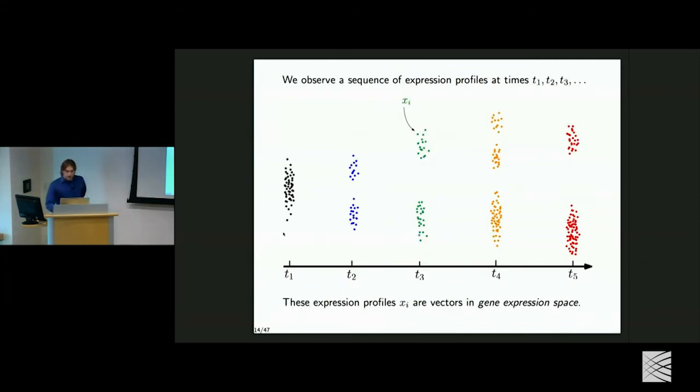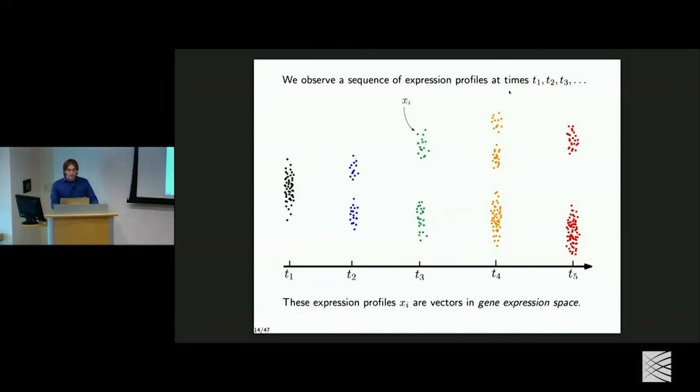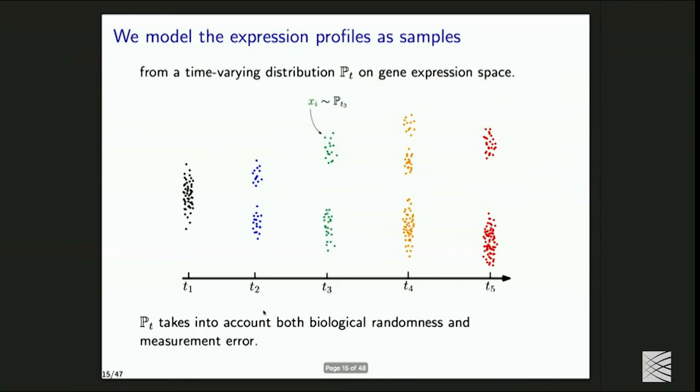So let me now tell you about our mathematical framework, which we call Waddington-OT, for optimal transport. What we had abstractly was a sequence of expression profiles collected at a discrete number of time points. These profiles are vectors in gene expression space. We model these expression profiles as samples from a time-varying probability distribution, P_t.